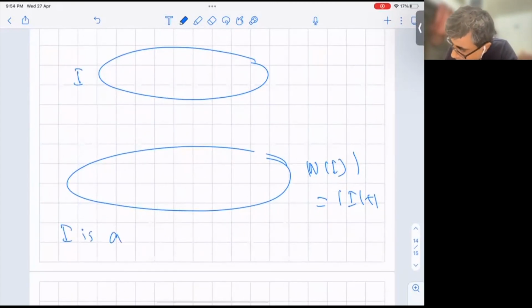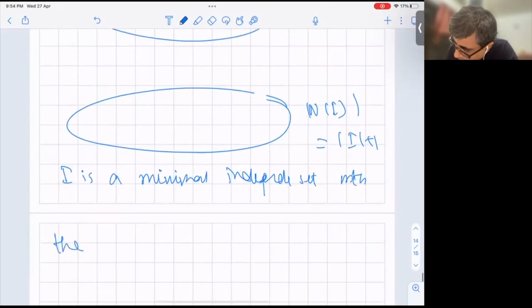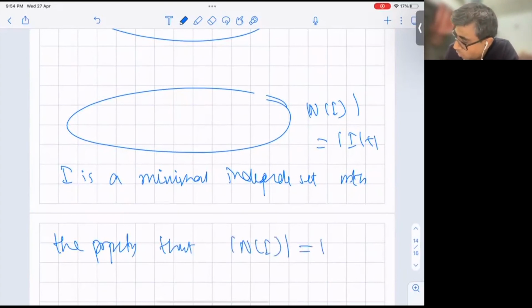I is a minimal independent set with the property that N of I is equal to |I| plus 1. What is the meaning?